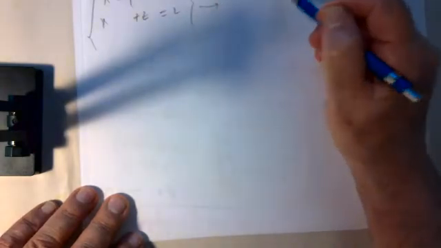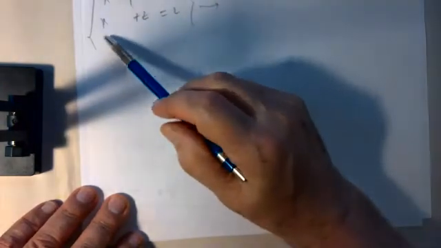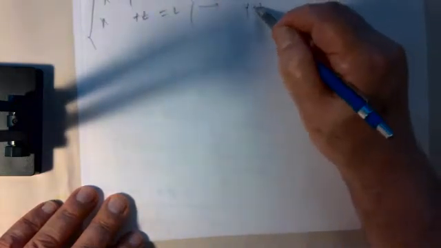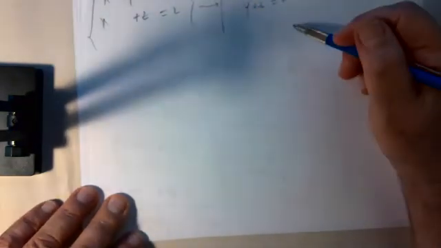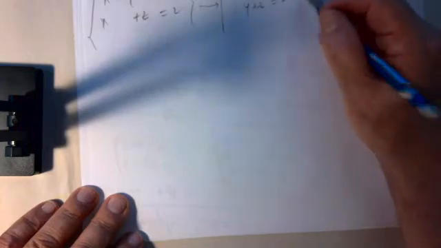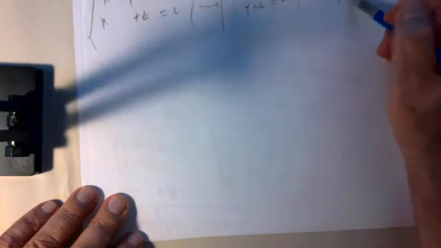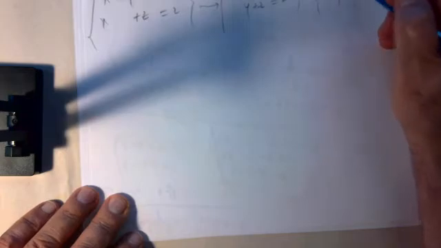So x minus y equals 0. x minus x is 0, 0 minus y is y, z minus 0 is z equals 2. And if I add the second equation to the first, I get x plus z equals 2. So it may be these systems aren't equivalent.